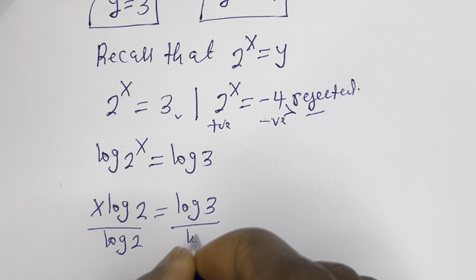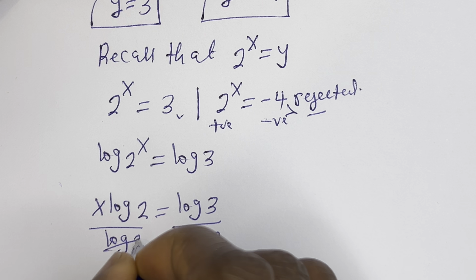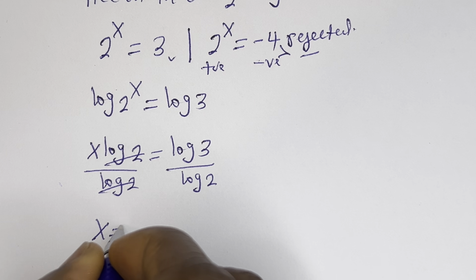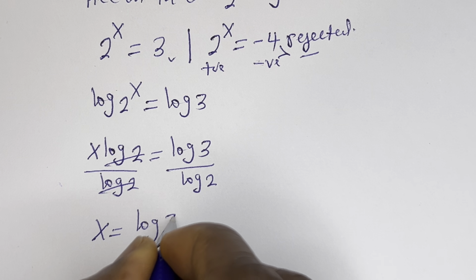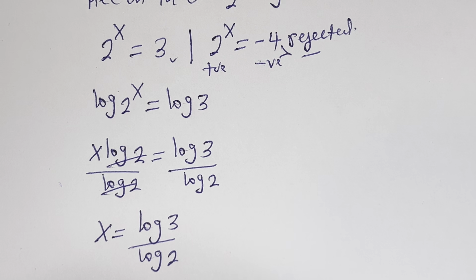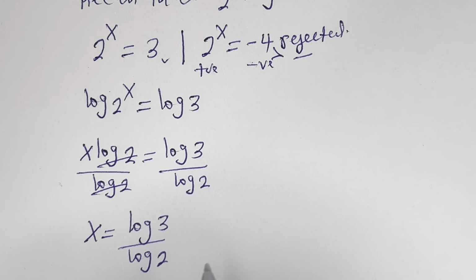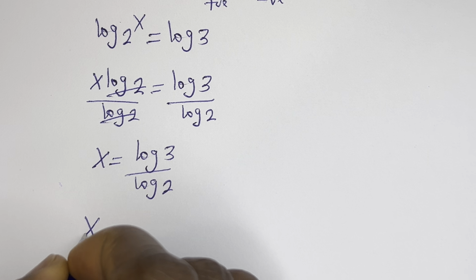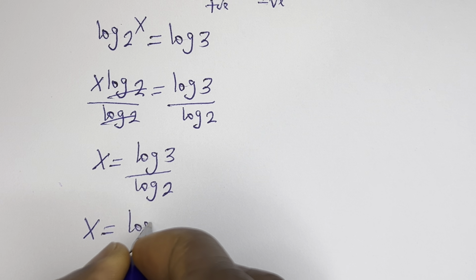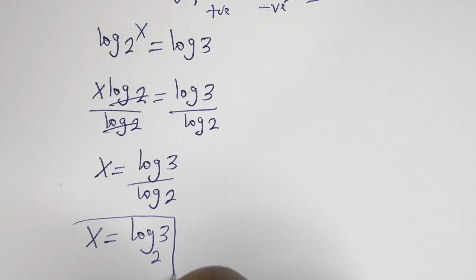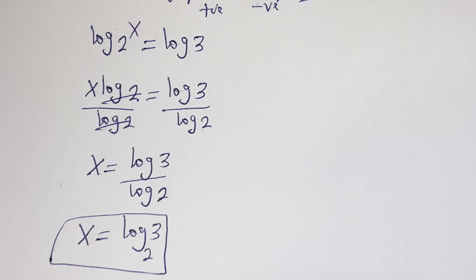This divided by log 2, this will cancel this. s is equal to log 3 over log 2. Then s is equal to log 3 base 2. This is the final answer.